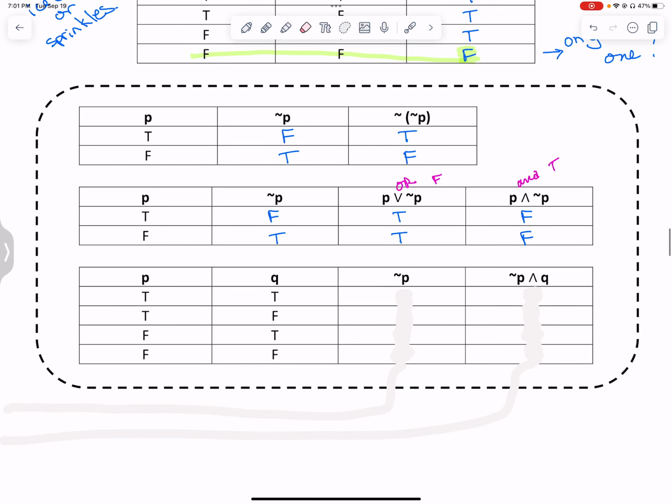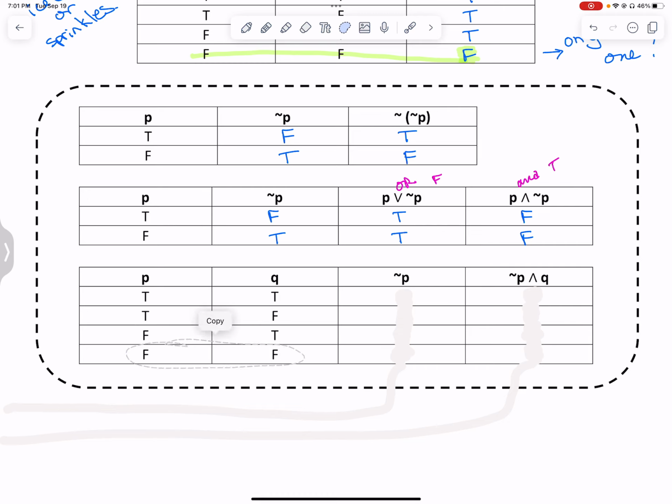Now this one is a typical setup for a truth table when you have multiple statements. You want to talk about everything that is possible. So we have two statements. They can either be both true, or the first one's true and the second one's false, or the first one's false, the second one's true, or they're both false.